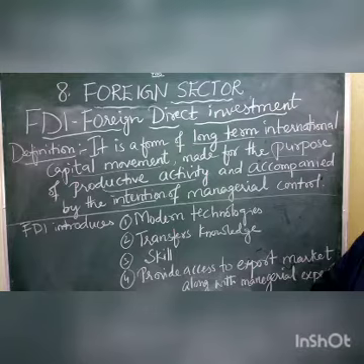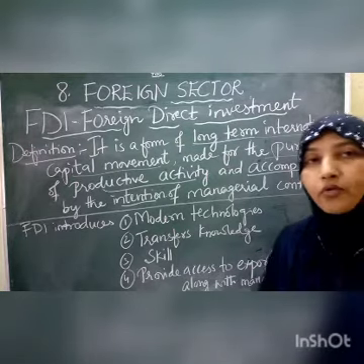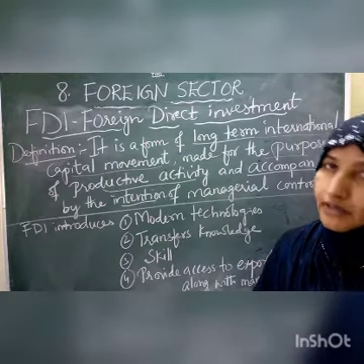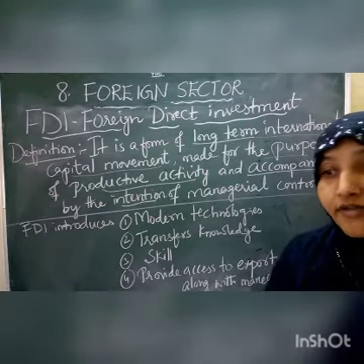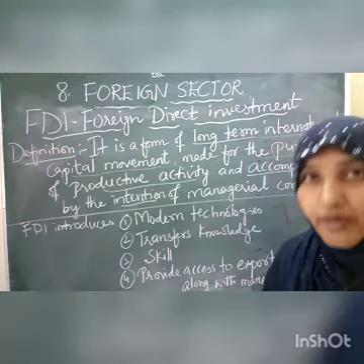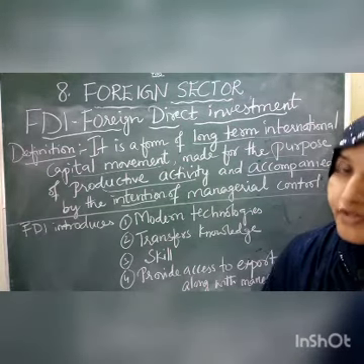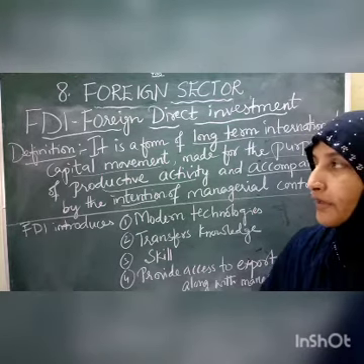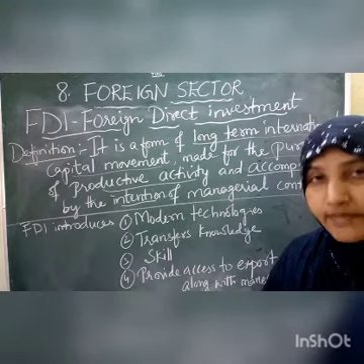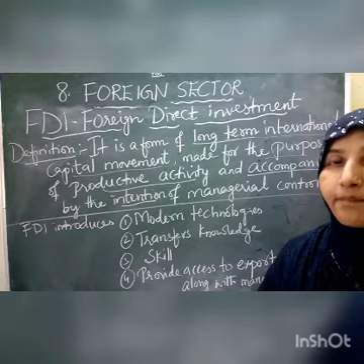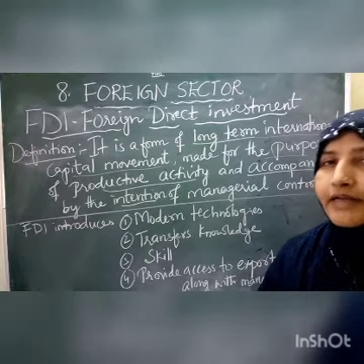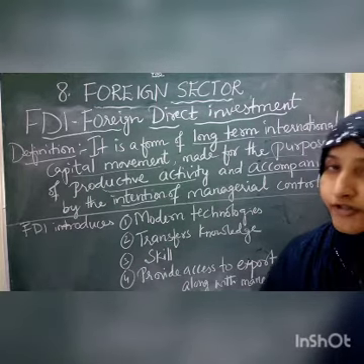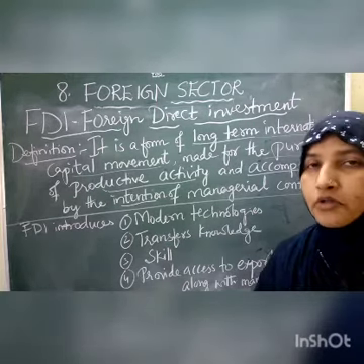As you all know, in our first lesson, economic growth and economic development, we discussed that India is a developing country. The reason why India is still developing, not developed, we discussed, is the lack of capital formation in the country. This topic explains the investment made in our country by international countries for development. These investments are not for a short period of time, for 1 month, 2 months, or 6 months.